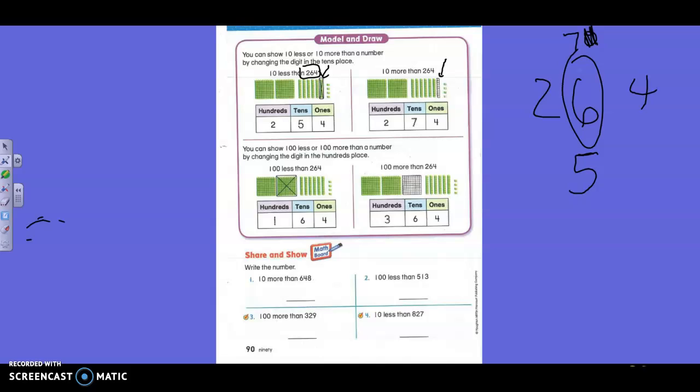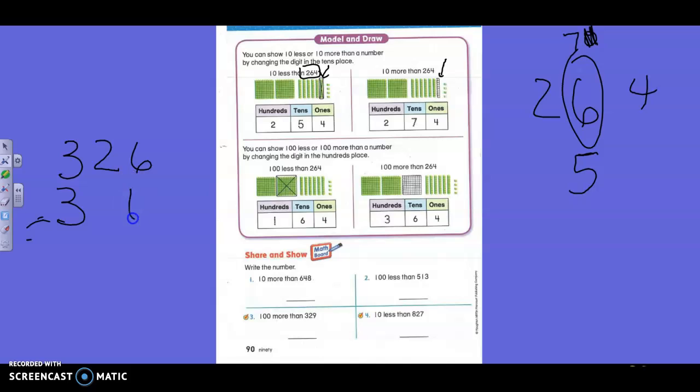If I had the number 326, okay? If I want to do 10 more than 326, what would happen? Does my hundreds change? No. Does my ones change?